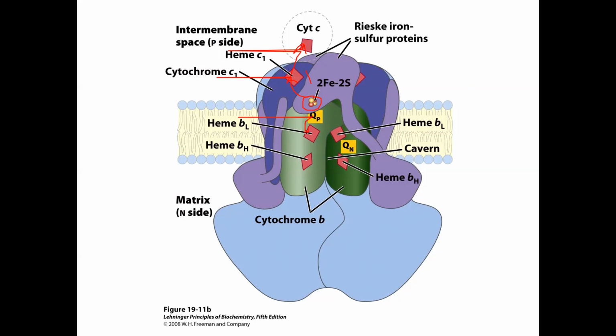Then that sends its electrons to here, which then sends electrons to here. And these give it to another ubiquinone. And if this is going to be reduced, you have to take up another hydrogen ion.